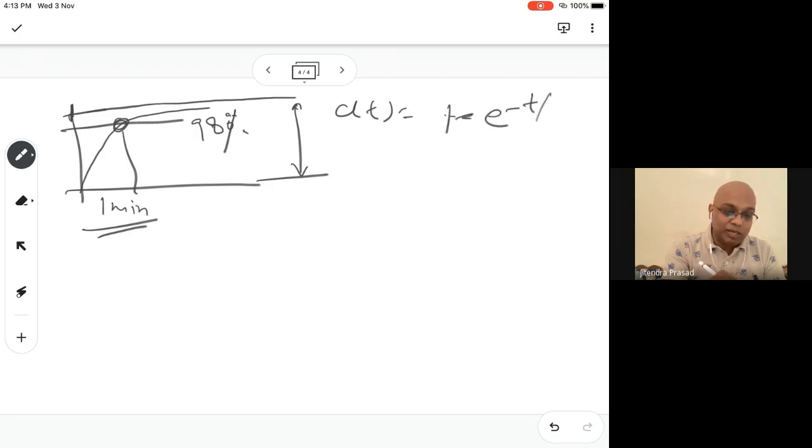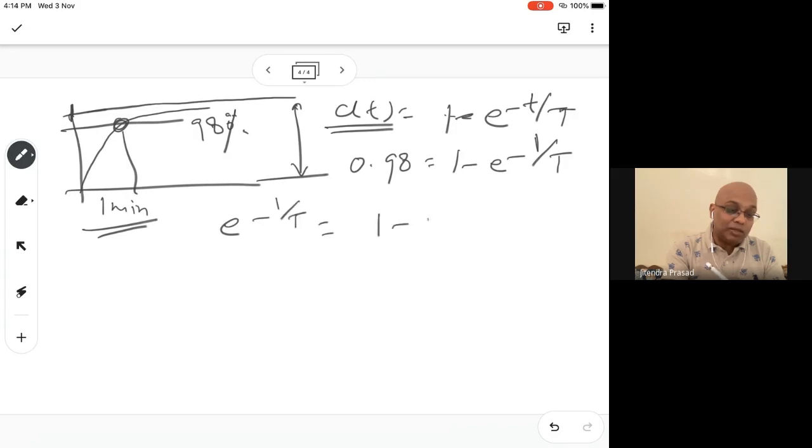power minus t over T. We know that this c(t) is 0.98, equal to 1 minus e to the minus t over T, and you can take t in minutes also. So t we can write as 1, so we get e to the minus 1 over T is equal to 1 minus 0.98, which is equal to 0.02.